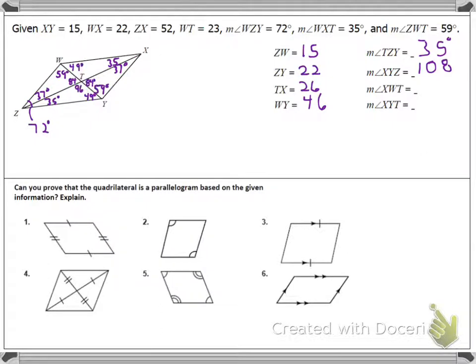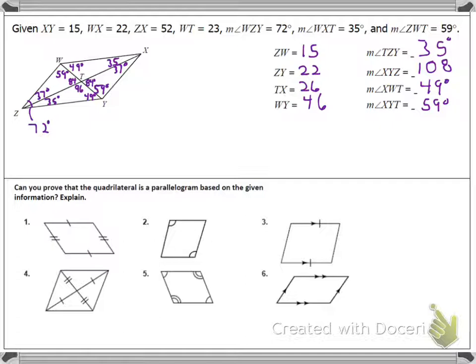XWT is going to be 49. And XYT is going to be 59. So what we really use there is parallel line rules with alternate interiors, triangle sum, some angle addition, and vertical angles, linear pairs to actually find all the values that we're looking at.